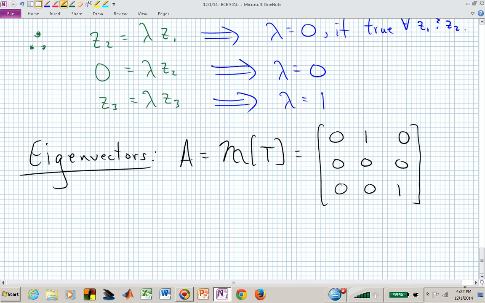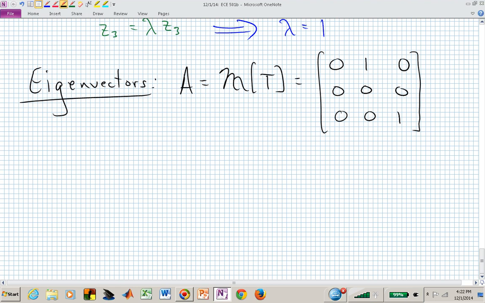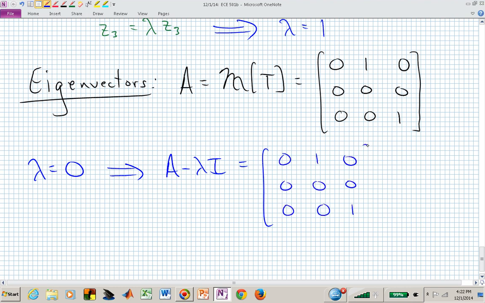That's the matrix representation of A, and now with that particular matrix, what are its eigenvectors? For eigenvalue equal to 0, we want to find the vectors that lie in the null space of A minus lambda I. Lambda is 0, so we're really just looking at A, which is 0, 1, 0, 0, 0, 0, 0, 0, 1.